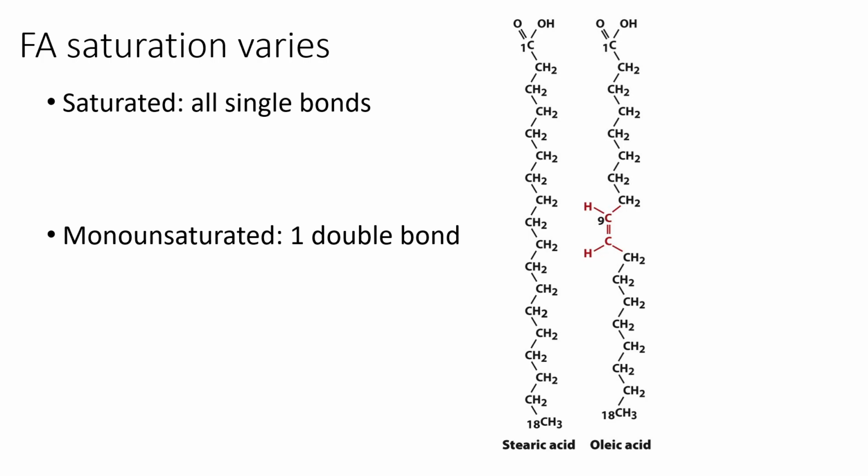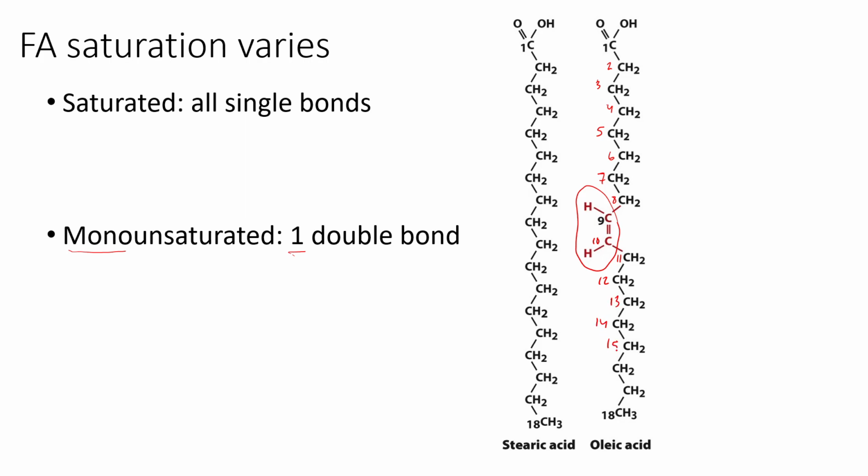Our next example here is oleic acid. Oleic acid is called monounsaturated because it has one double bond, which is seen here in red. If we number our carbons, starting with number 1 being the carboxylic acid carbon, and number all the way down, we have carbon number 9 where our double bond is.